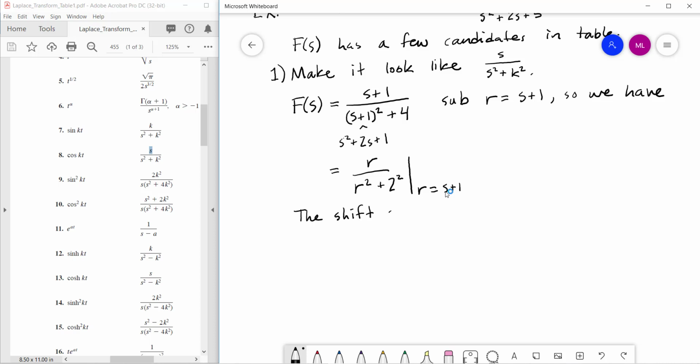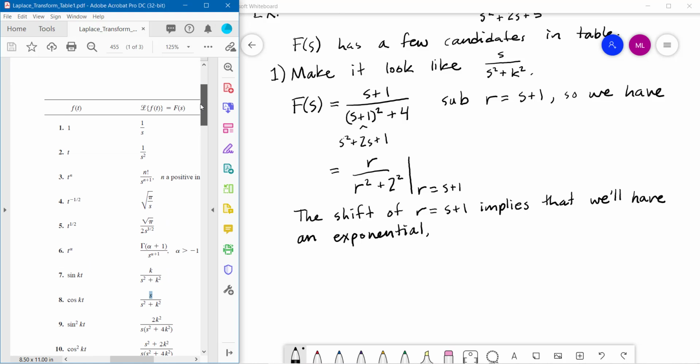The shift of r being equal to s plus 1 implies that we'll wind up with an exponential as part of our answer. And why is that? Where am I getting this from? Why does that imply that we're going to have an exponential?